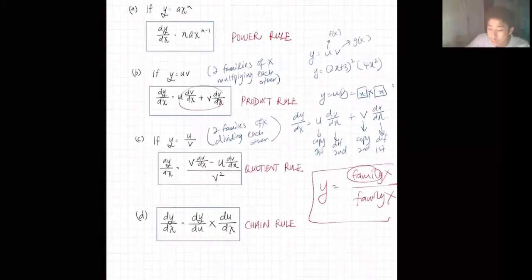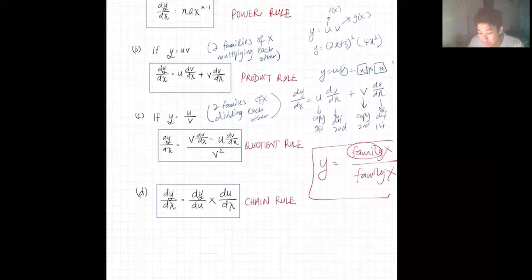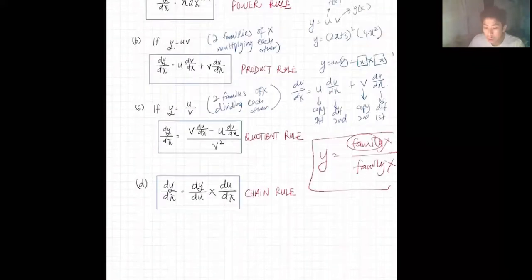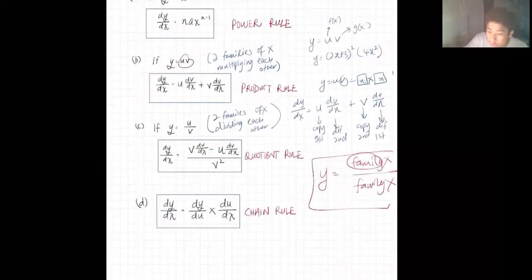Remember what are the steps for the product rule? Product rule is basically you copy the first, differentiate the second, plus copy the second, differentiate the first. That is the product rule. Or if you want to use the formula, you can also: u times dv dx, basically you fix the first, differentiate the second, plus v, the second one, du dx.